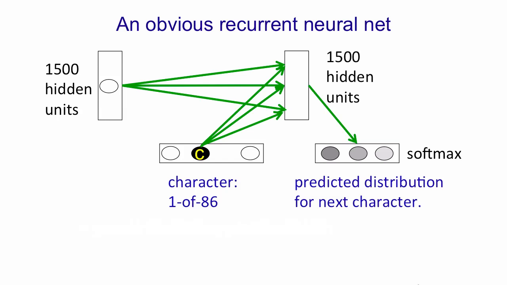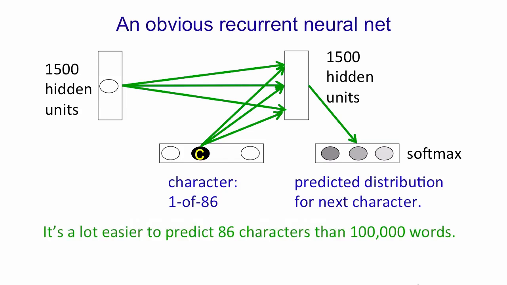We back-propagate that through the hidden to output connections, back through the hidden to character connections, and then back through the hidden to hidden connections, and so on all the way back till the beginning of the string. It's a lot easier to predict 86 characters than 100,000 words, so it's easy to use a softmax at the output. We don't have the problem of a great big softmax.